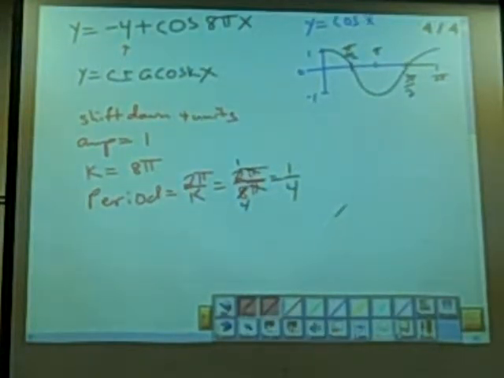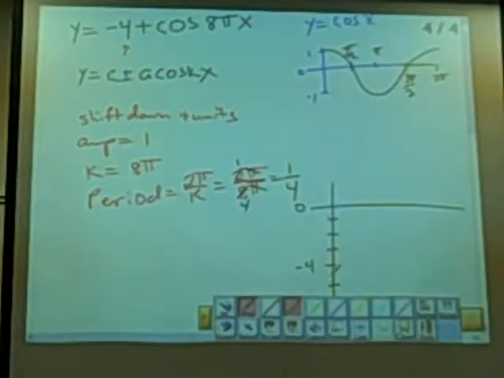Okay, well, immediately we know that our graph, if this is 0, 1, 2, 3, here's negative 4, right? Now we want to draw a dotted line, because this is like our center line. Our center line for the original graph is at 0.